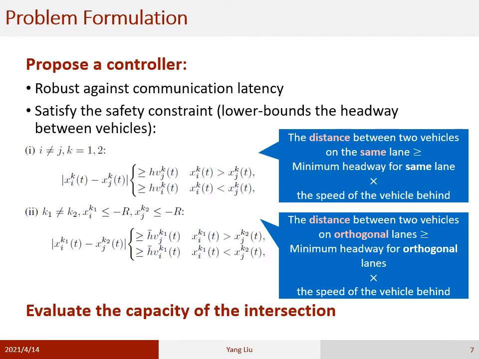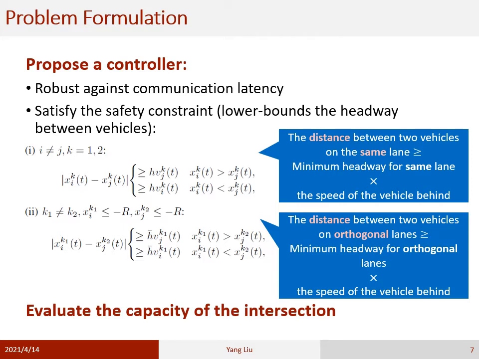We have two focuses here. First, propose a controller which is robust against communication latency and satisfies the safety constraint, which lower bounds the headway between vehicles. For the vehicles on the same lane, the distance between two vehicles has to be larger than the minimum headway for the same lane times the speed of the vehicle behind, which represents the safe distance of the same lane.